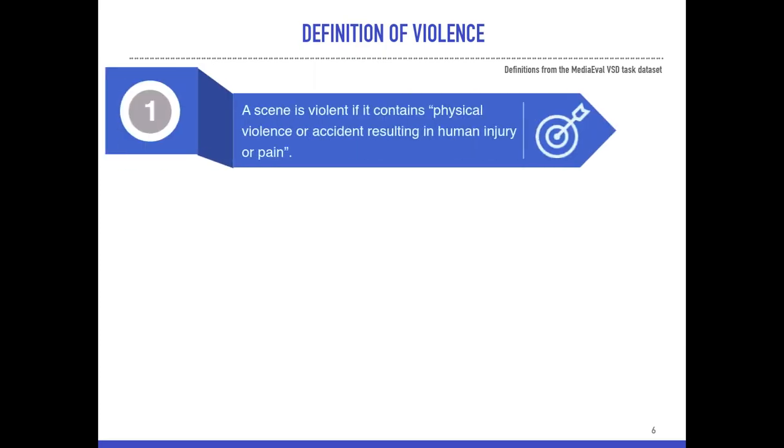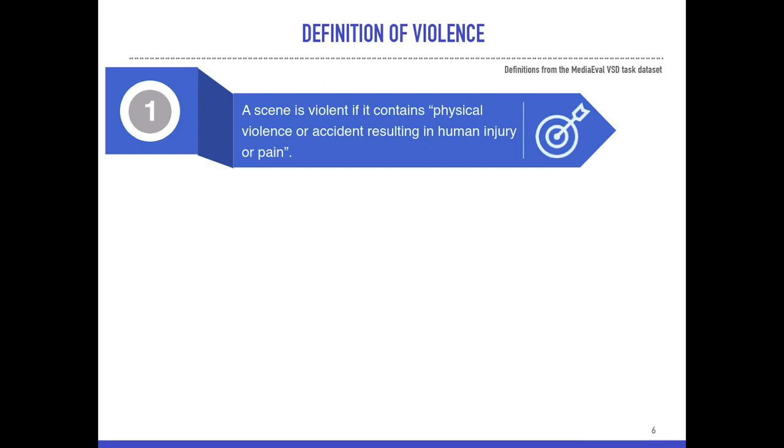So what kind of definition did we use? We are basing our work on one of the largest violent scenes datasets available, the MediaEval VSD task dataset. And they present two types of definition. The first one is: a scene is violent if it contains physical violence or an accident resulting in human injury or pain.